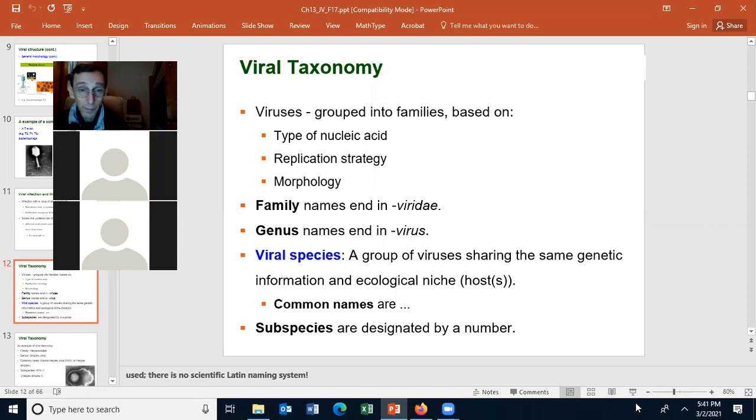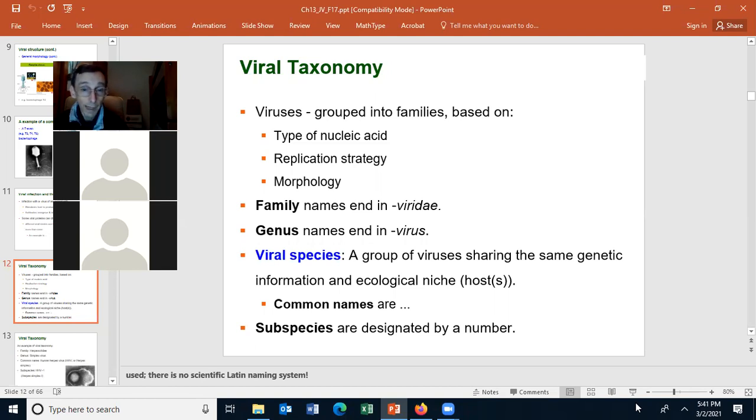That grouping is by the cells that they infect, which is obviously evolutionarily related. Most viruses are only grouped into families, and we group them into families based on their nucleic acid sequence, replication strategy, and morphology.